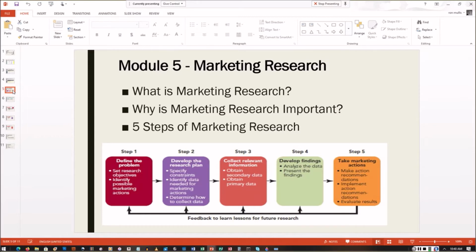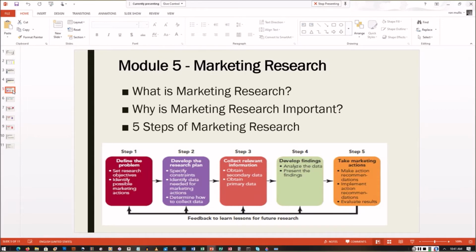That's the best way that marketers get to know different threats and opportunities that are available to their company. Market research also impacts the planning and implementation of all of the 4 Ps, or the marketing mix, which is price, place, product, and promotion. So you use this marketing research to plan and implement those 4 Ps.